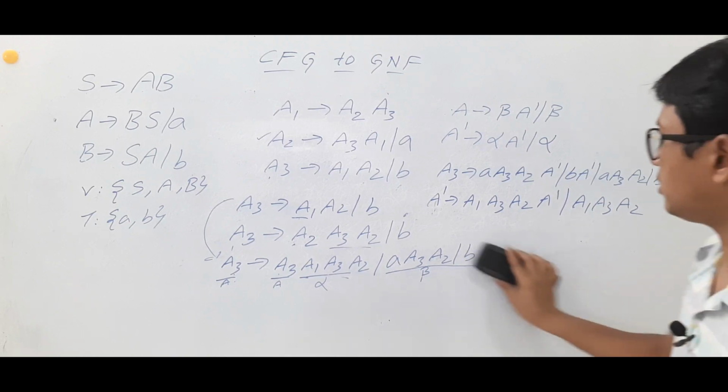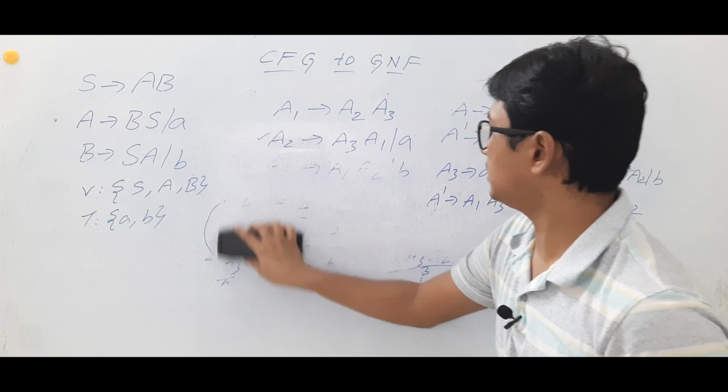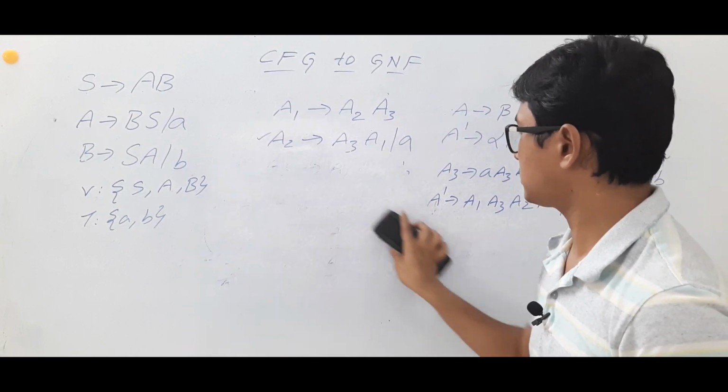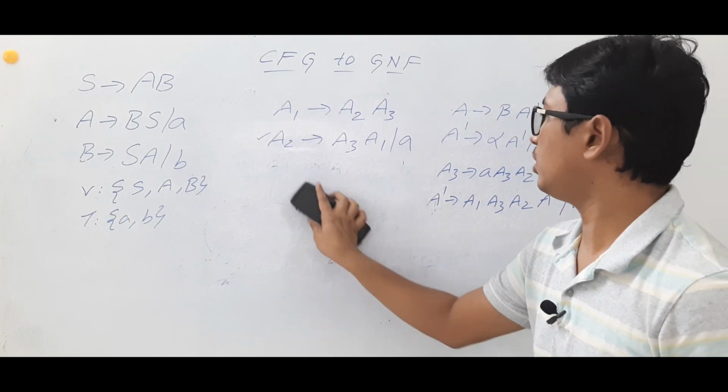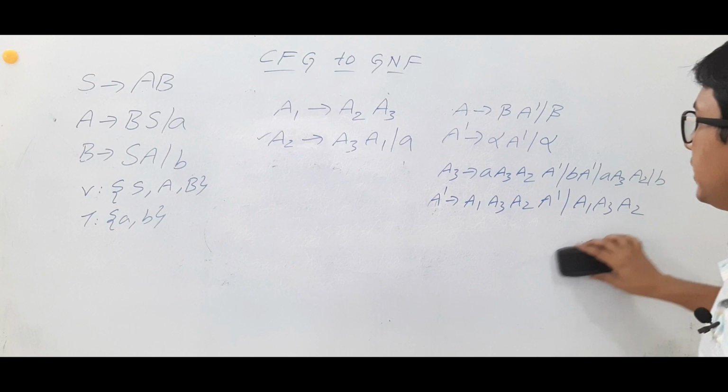So in place of this entire A3 production, I can consider these two productions, A3 and A dash. So I got two new productions. Let me write them.